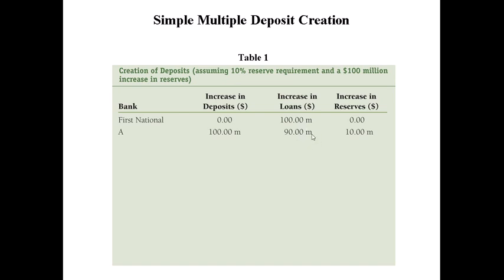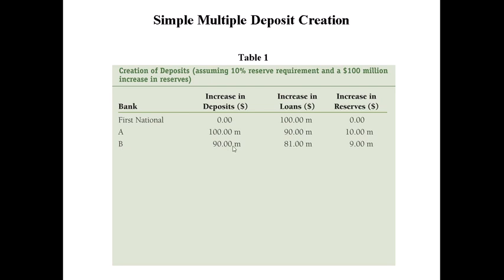Now, when this $90 million gets lent out to consumers who maybe buy a bunch of products from Big Lots, Big Lots' till is going to increase by $90 million. And overnight, they want to deposit that increase in the money in the till into its bank. So maybe Bank B is Big Lots' banker.